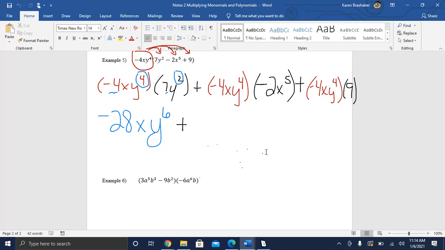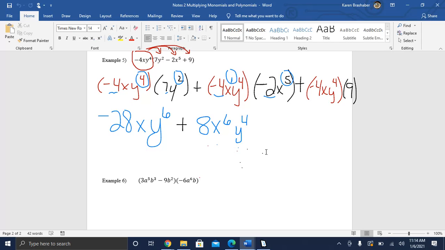I'm taking a negative times a negative, negative 4 times negative 2. That would be 8. This time my x, I have a 1 and a 5. I'll be keeping my base x, adding my exponents to get x to the 6th, and then I have y to the 4th.